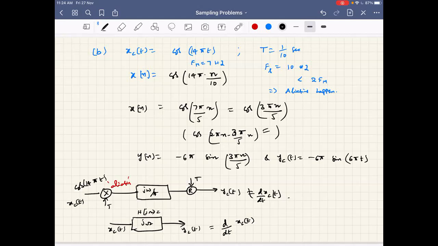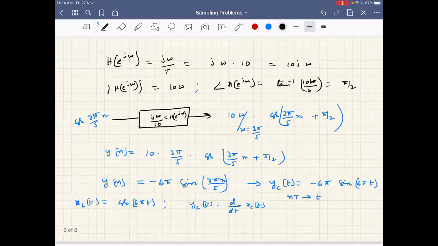But in this case it is not so, because there may be a possibility of aliasing, which will change the discrete signal itself. So an equivalent of differentiation will happen, but the frequencies can be different. Okay, fine.